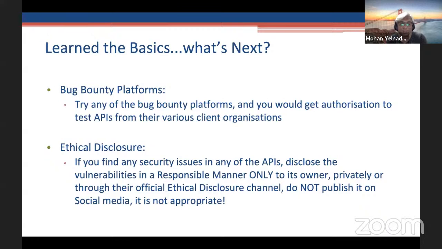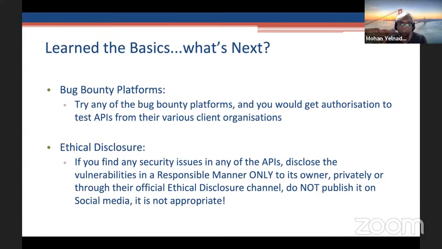Then they may ask for some guidance to fix it if they don't know how, and then there's some time that you have to give to the development team to fix it and validate it. They may come back to you as a researcher and ask, can you check if it is valid, and fixed? And once the fix is in place, you can check with them, can I publish this in social media? And if they are okay with it, just go ahead. And usually, the organizations are responsive. Because you have put time, effort, and energy into this, they either give you a swag, or a bounty or a reward, or they may have a hall of fame within their organization.